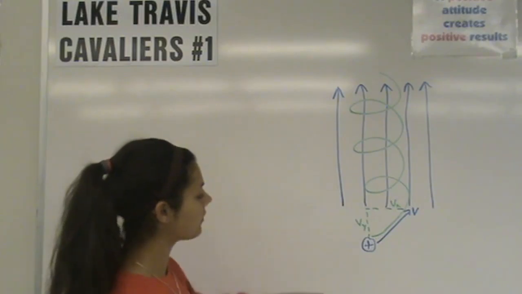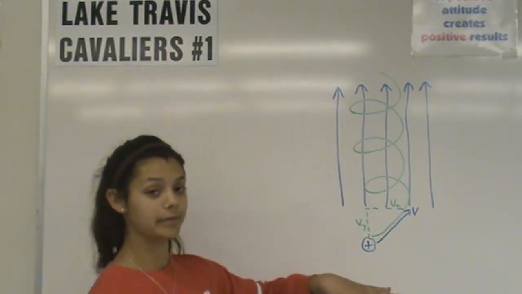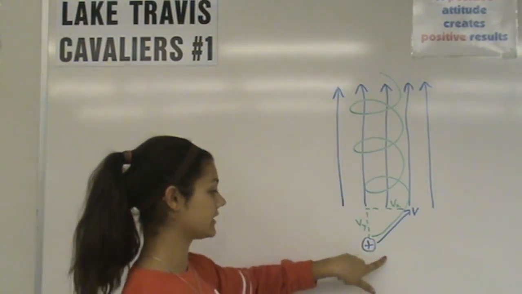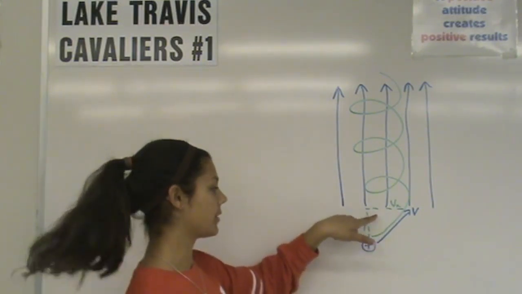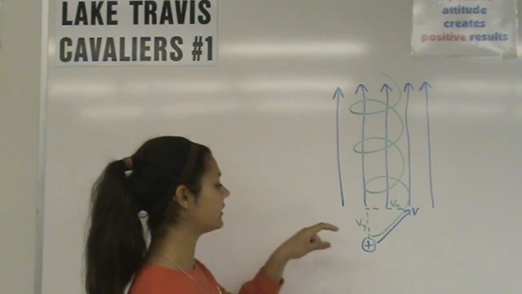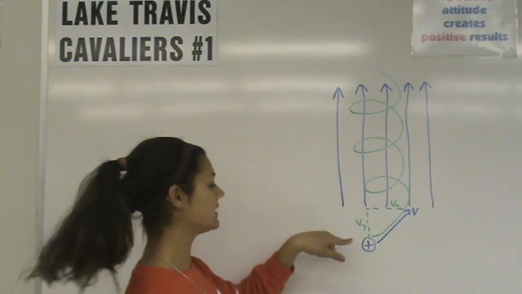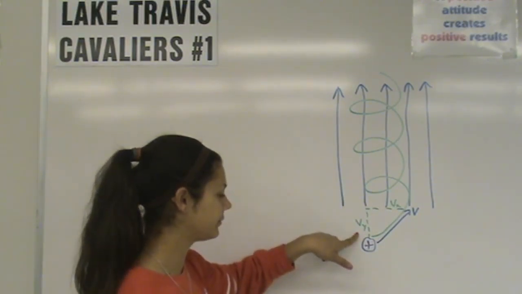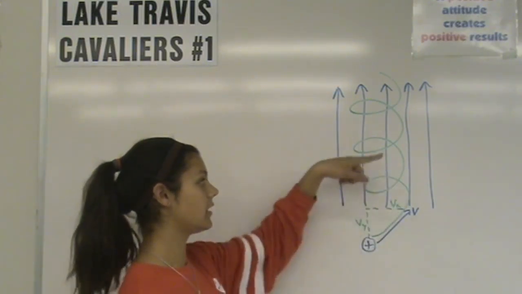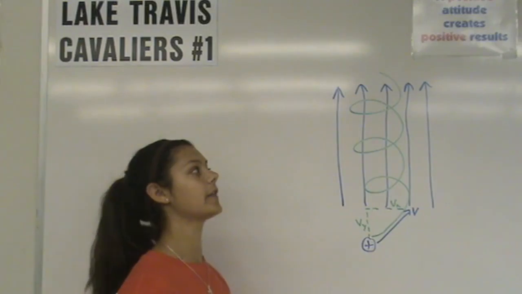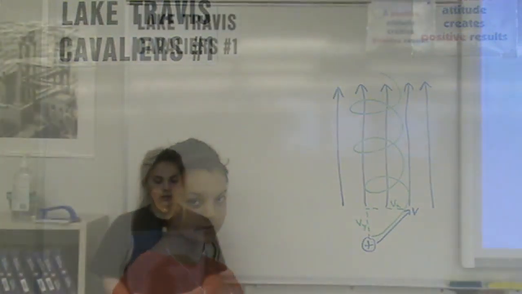But whenever a particle is neither perpendicular nor parallel, anywhere in between, there is a part of the velocity going perpendicular to the magnetic field and a part going parallel. Because the parallel velocity is constant, the particle will move in a helical path in the magnetic field.